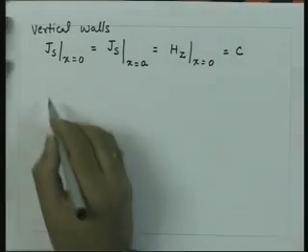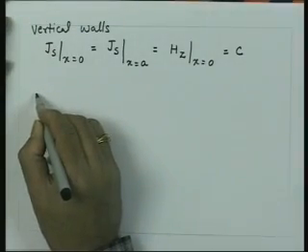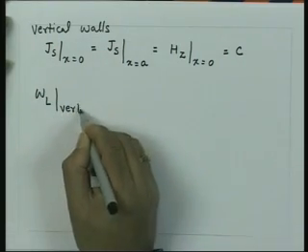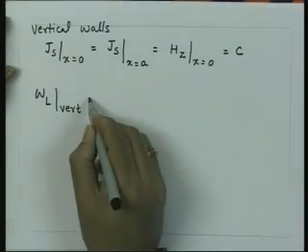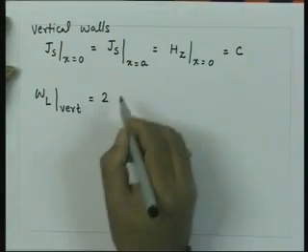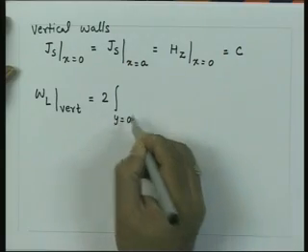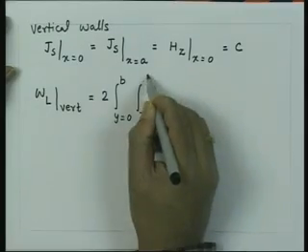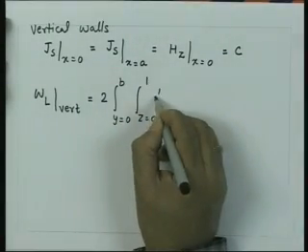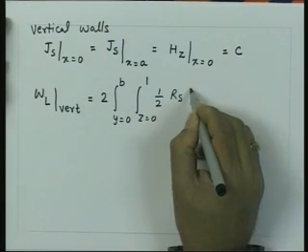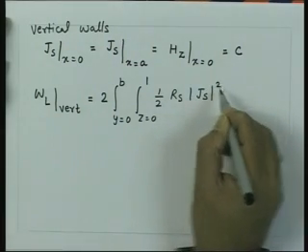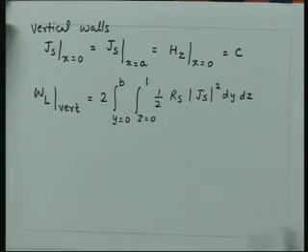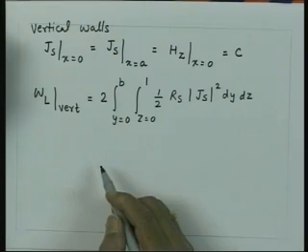So, we can get the W_L in vertical walls, that will be 2 times the integral y equal to 0 to b, z equal to 0 to 1, half Rs |Js|^2 dy dz, and Js is given by this, which is C.